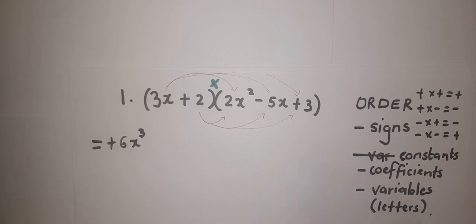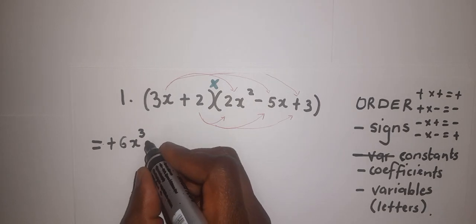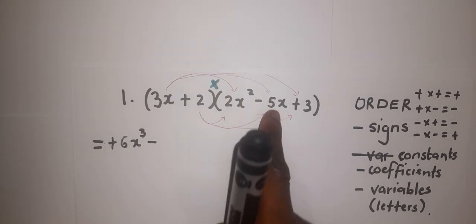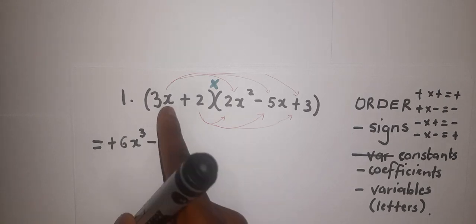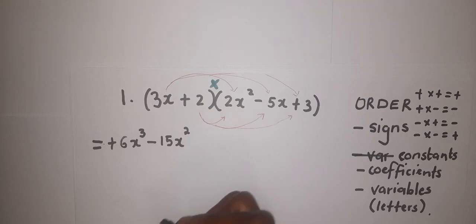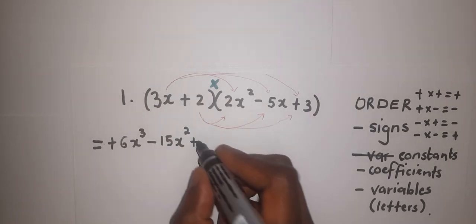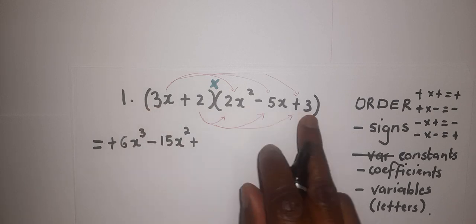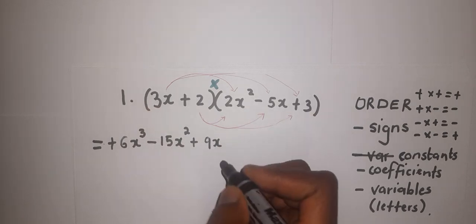We do exactly the same with the others. Positive times a negative this time will give us a negative. Then 3 times a 5 will give us a 15. Then x times an x results in an x squared. Same applies. Positive times positive, you get your positive. And then 3x times 3, you get just 9x.